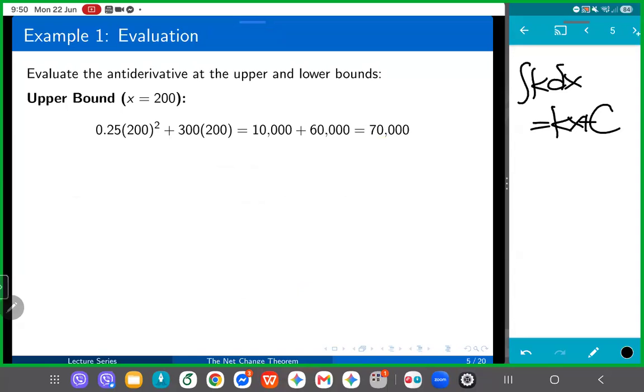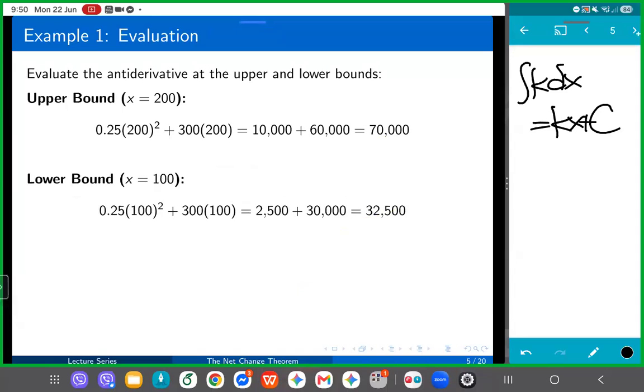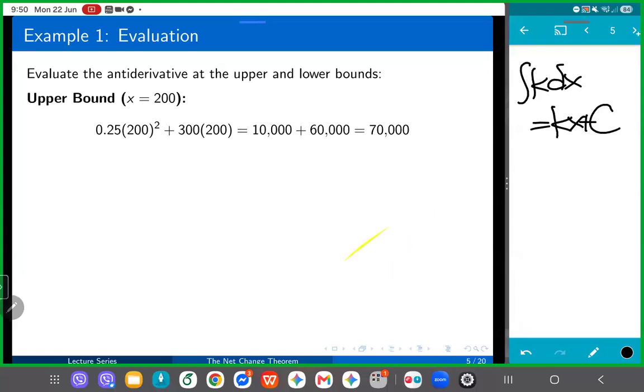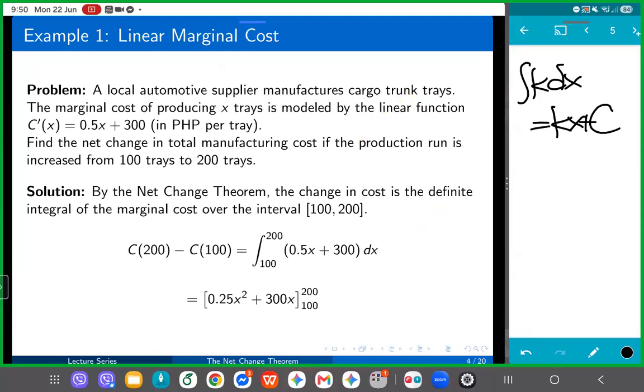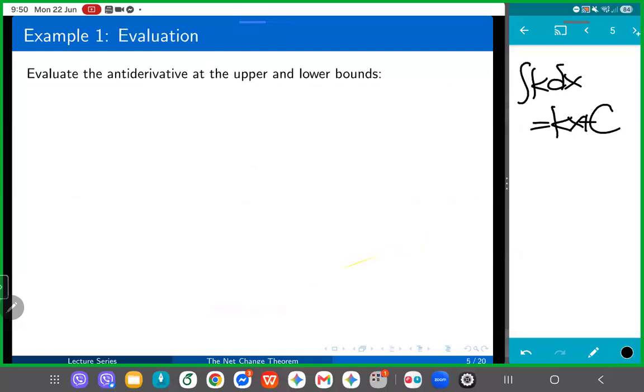Then you plug in the lower limit into the formula, and you'll get 32,500. Again, back to this one here. You substitute 200, substitute 100 into this function, and you'll get those calculations.